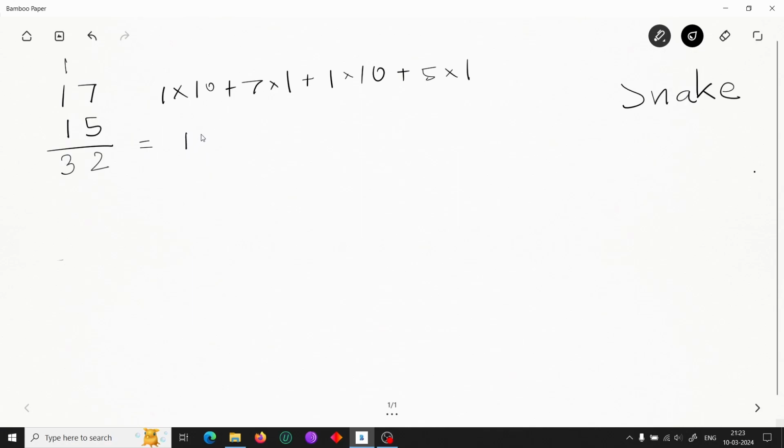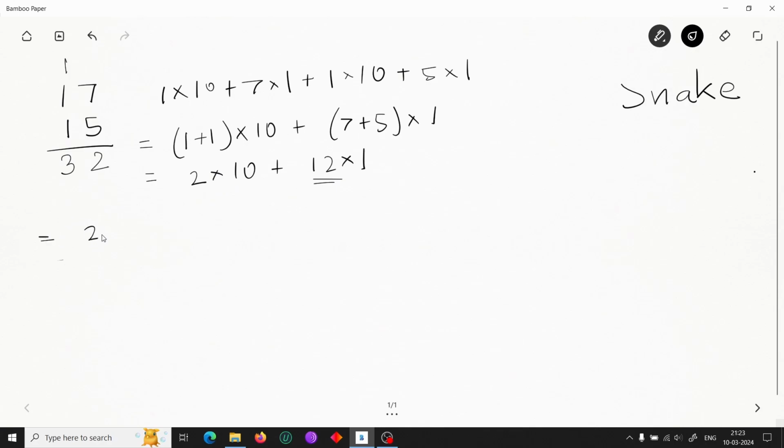That would give us 1 plus 1 times 10 plus 7 plus 5 times 1, which would finally give us 2 times 10 plus 12 times 1. But you see, 12 here can be further expanded. So let's continue to expand it.